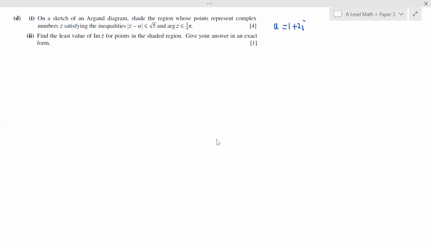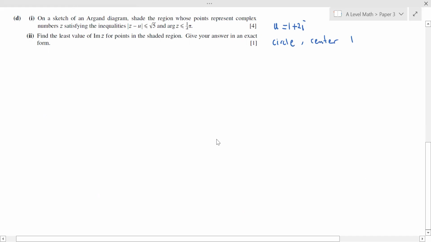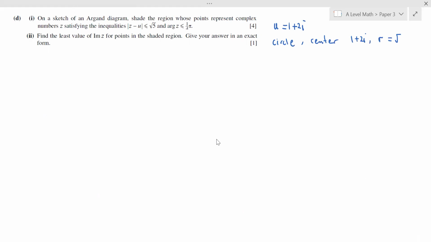So we have a circle with center 1 plus 2i and radius square root of 5.